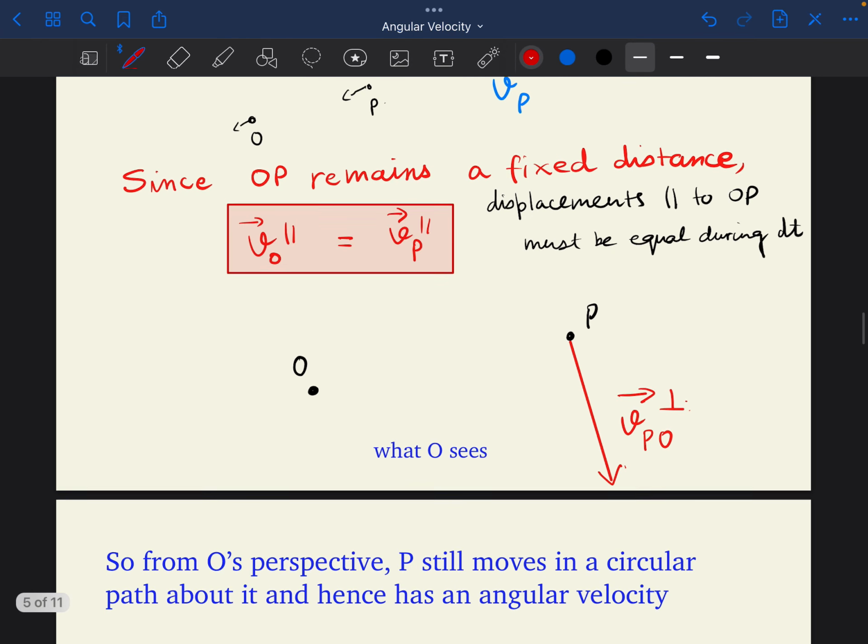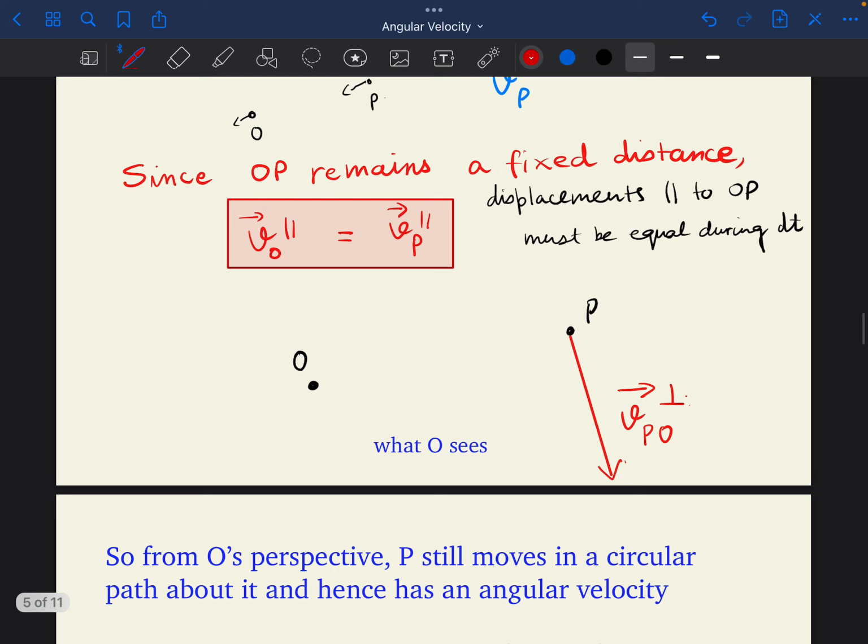Now let us go into the frame of O. What we mean by the frame of O is what the particle O is seeing. So if there is an observer at O, what is it seeing?